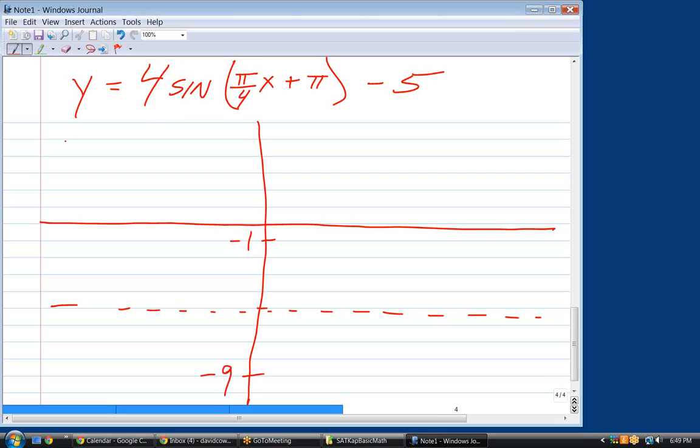What is the period? Does the phase shift affect the period, right? Okay, let's go back. What's B? B is always what affects the period. In other words, the real way to do this is to list A, B, C, and D. A is 4.